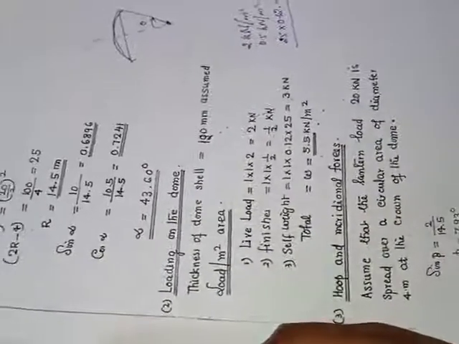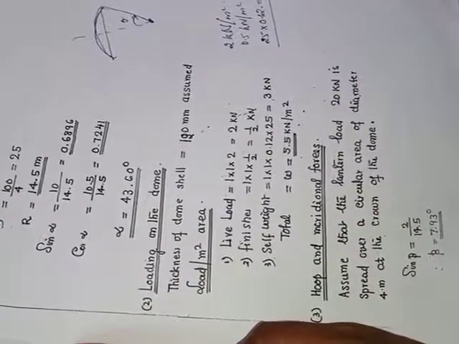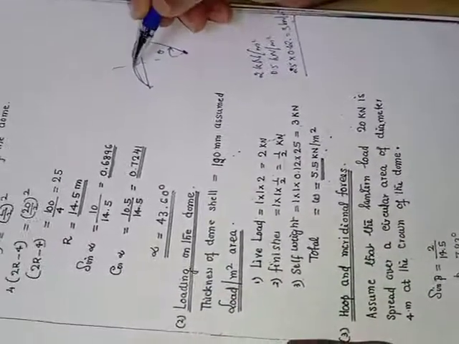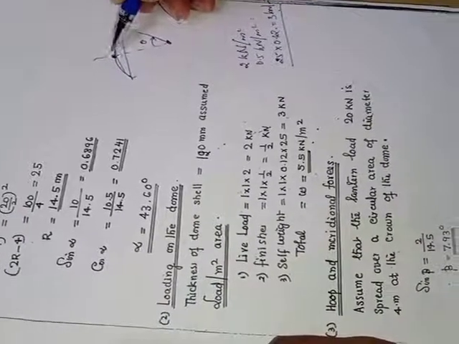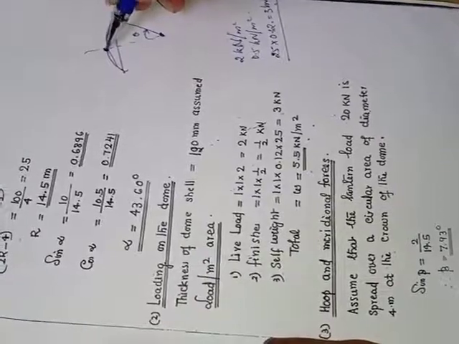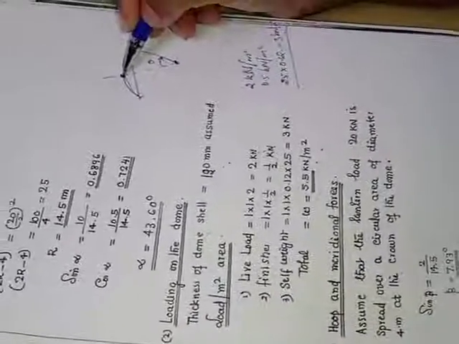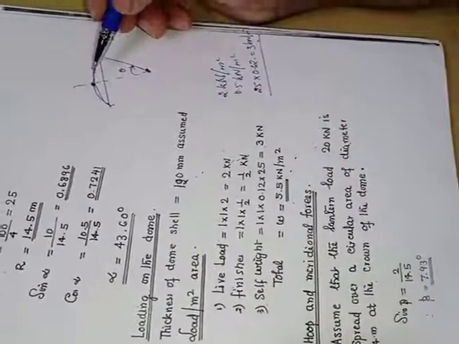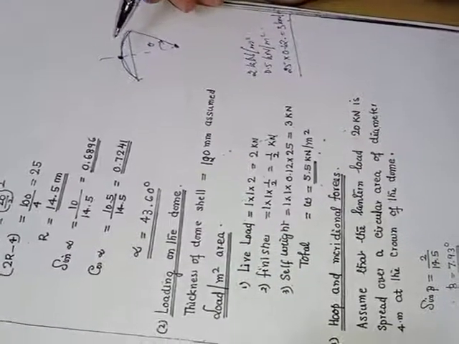Now in this question it is also told that there is a lantern at the crown of this dome, and the lantern is having a load of 20 kilonewton, a point load of 20 kilonewton.